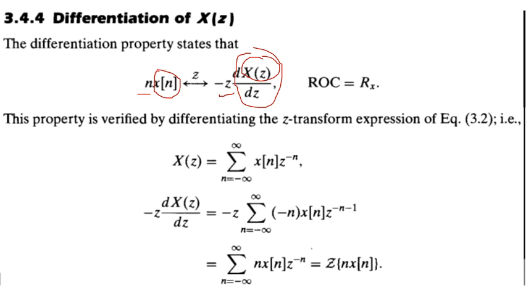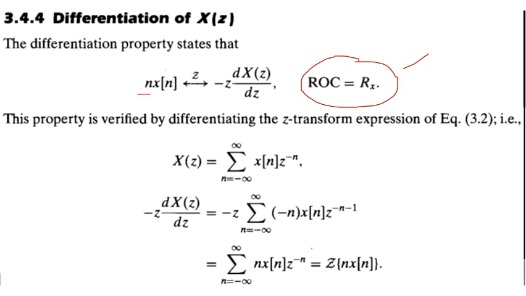So we will have the z transform of n x of n, and its ROC will be Rx. So in the differentiation property, the region of convergence remains unchanged. If you want to see how we get this expression, then there is a proof here.